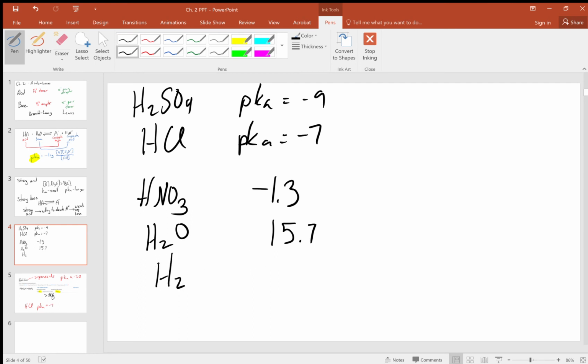Much weaker than HCl, but much stronger than, say, hydrogen gas with a pKa of 35. Or you can even measure a pKa for methane. Hydrocarbons don't like to give up hydrogens at all. It has a pKa somewhere in the range of 55 to 60.